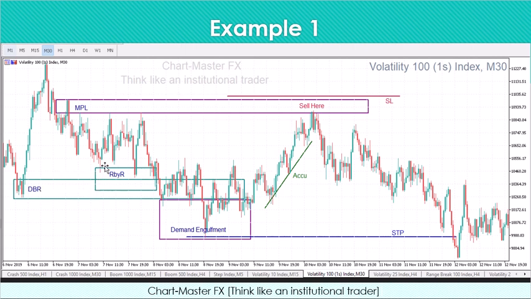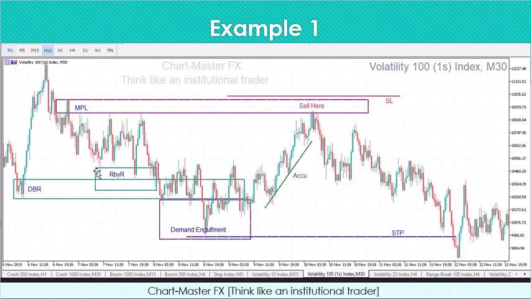Sometimes the reaction by rejection may not occur on the demand. It might just occur just above. There might be a space between, but this reaction by rejection will be nearer to the base.